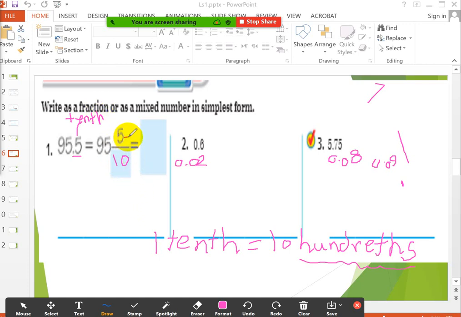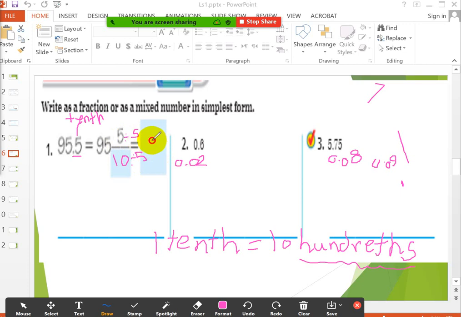I can divide 5 by 5, and 10 also I can divide by 5. So I want to divide the numerator and denominator by the same number, which here is 5. Both numbers are able to be divided by 5.